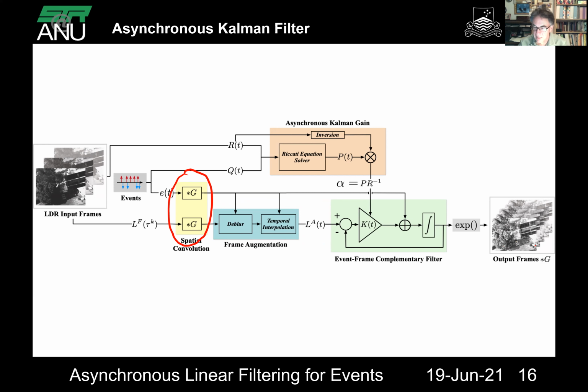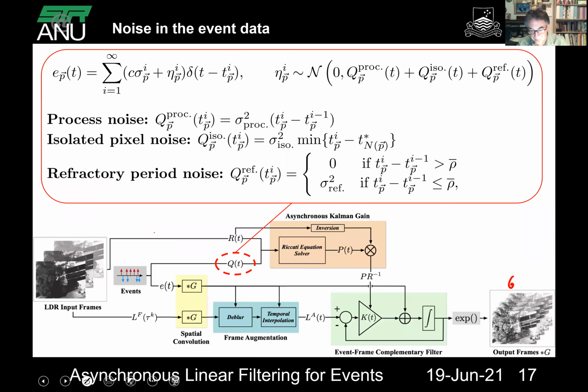So if I want to take my output and convolve that output with some kernel and generate an interesting output from that, I can actually do that by shifting that convolution through into the input of the signal here in the filter, and I can convolve my events and convolve my low frequency information here and have that run in real time.